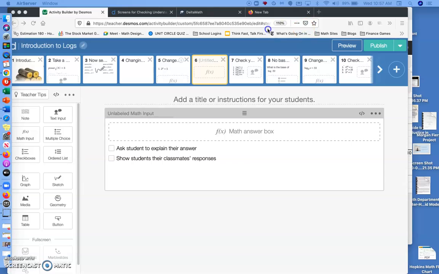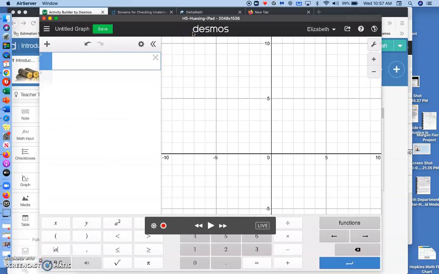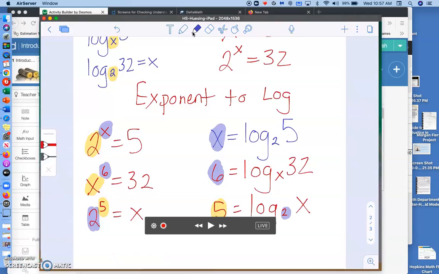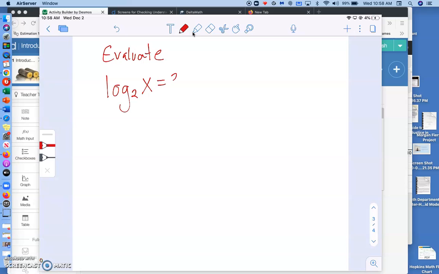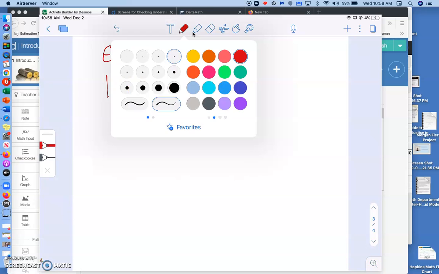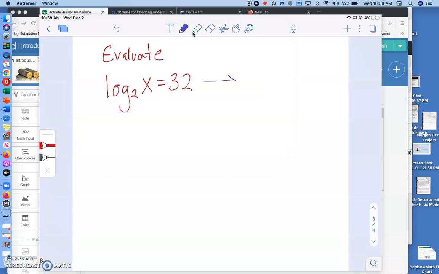The cool thing about logs too is you guys will be able to evaluate some of these without a calculator. So for example, if I said evaluate log base 2 of X equals 32, you're like, whoa, I don't know what X is. This is where it's nice because you can turn it into an exponent.